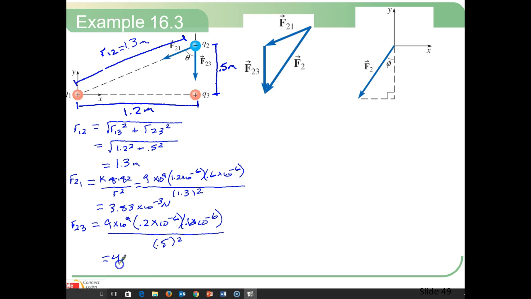We end up with 4.32 times 10 to the negative 3rd newtons. So now we know the force between 2 and 1, and the force between 2 and 3.